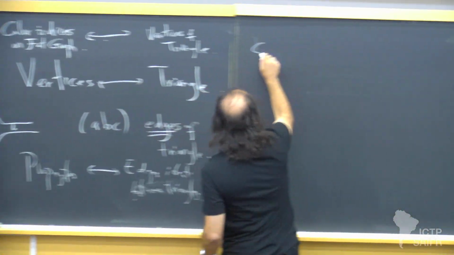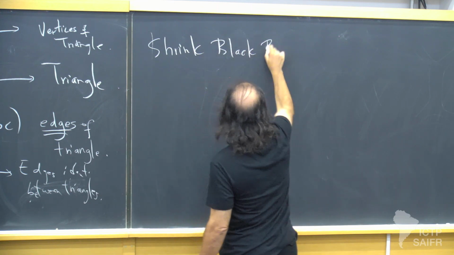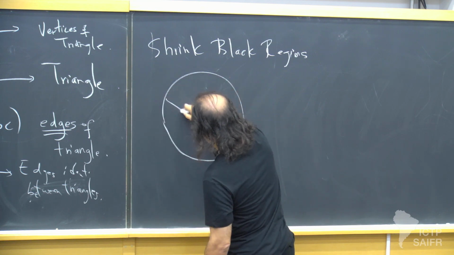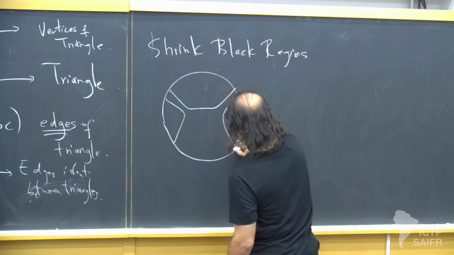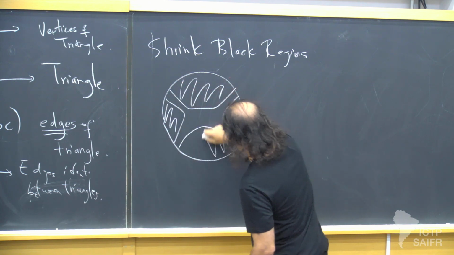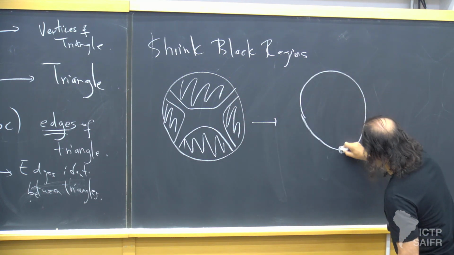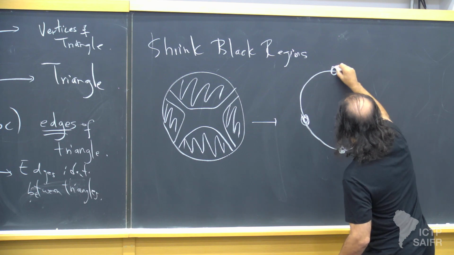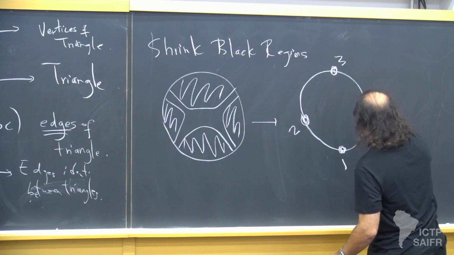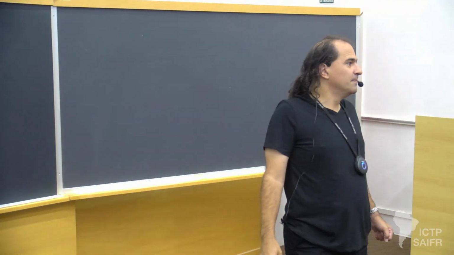If you shrink black regions, then this goes over into... okay, is that clear?